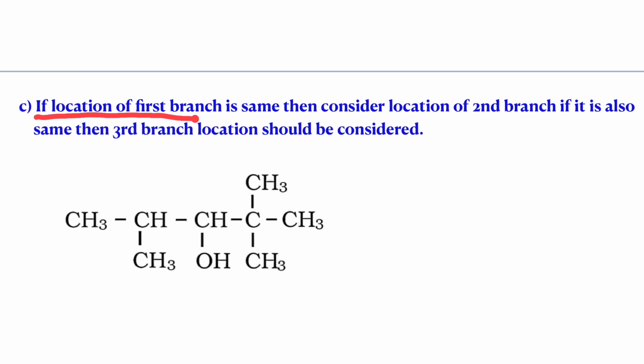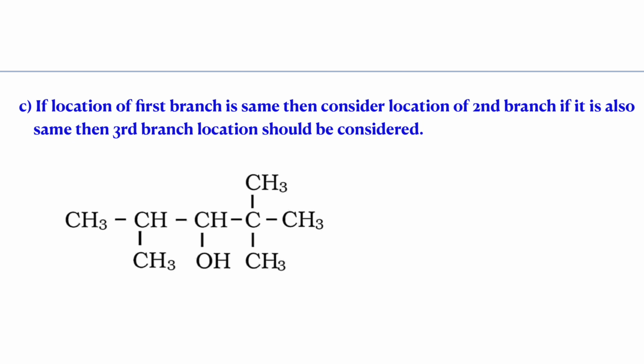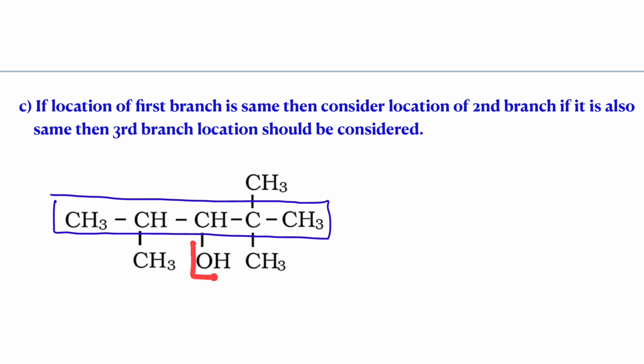The next one, if the location of the first branch is same, then consider the location of the second branch. If that is also same, then consider the third branch. So let us understand this. So without any hesitation, this is the longest carbon chain, and the first priority should be given to the functional group.